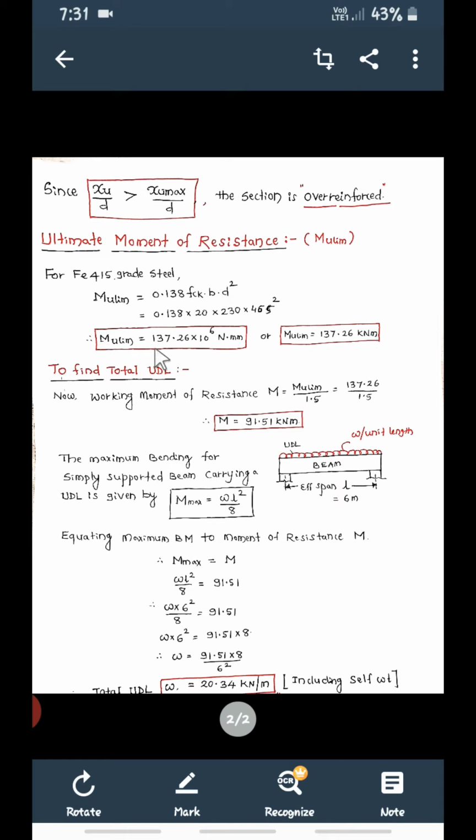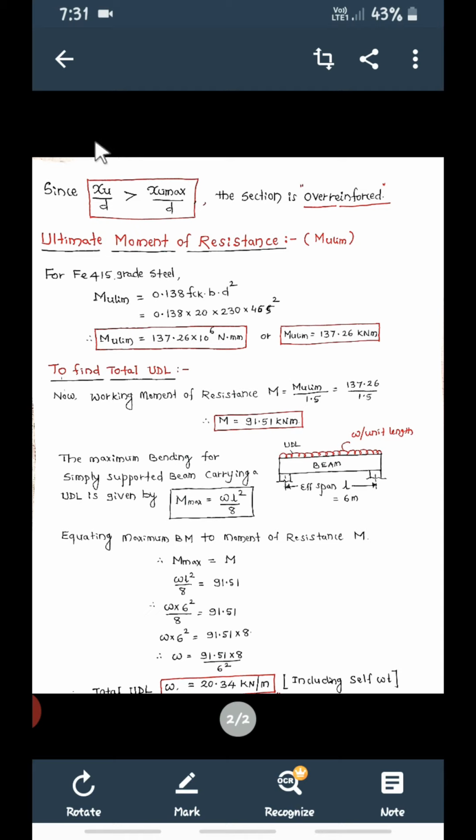So the total value, 137.26 into 10 to the power of 6 divided by 10 to the power of 6, these two get cancelled. So what is remaining? 137.26. Now it is kilonewton meter, instead of Newton mm.